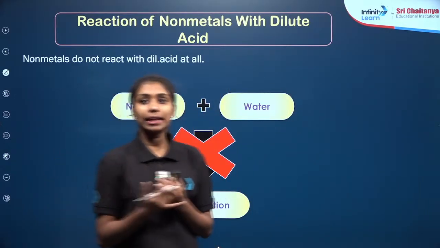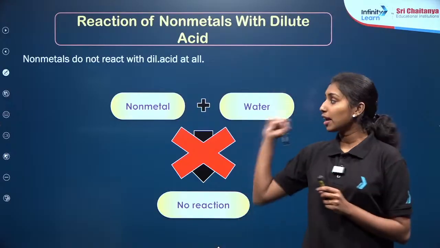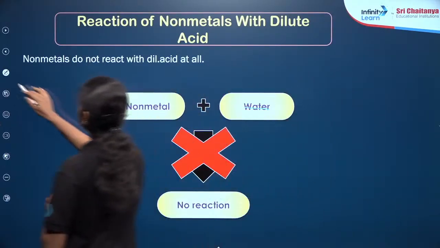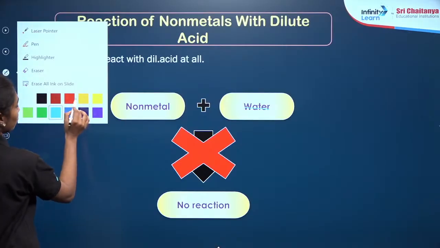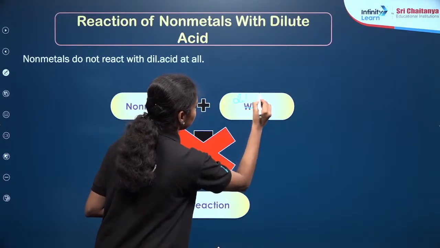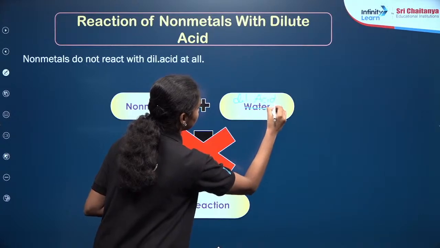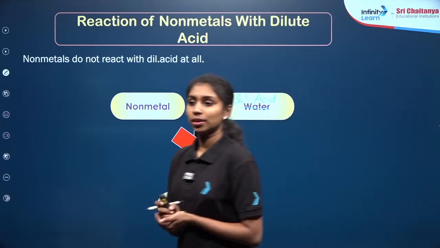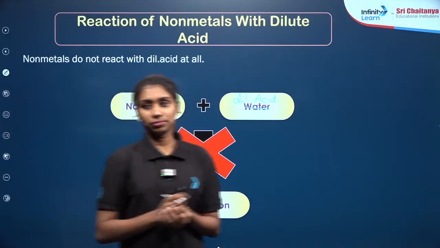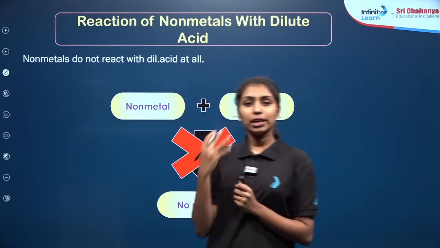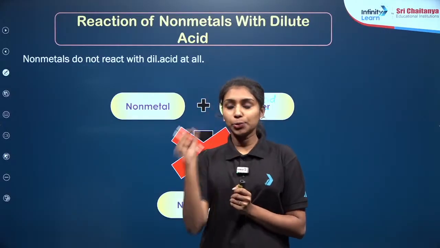What will be the reason behind that? Why are they not reacting with the dilute acid? We have already seen the reaction between metals and dilute acid, right?